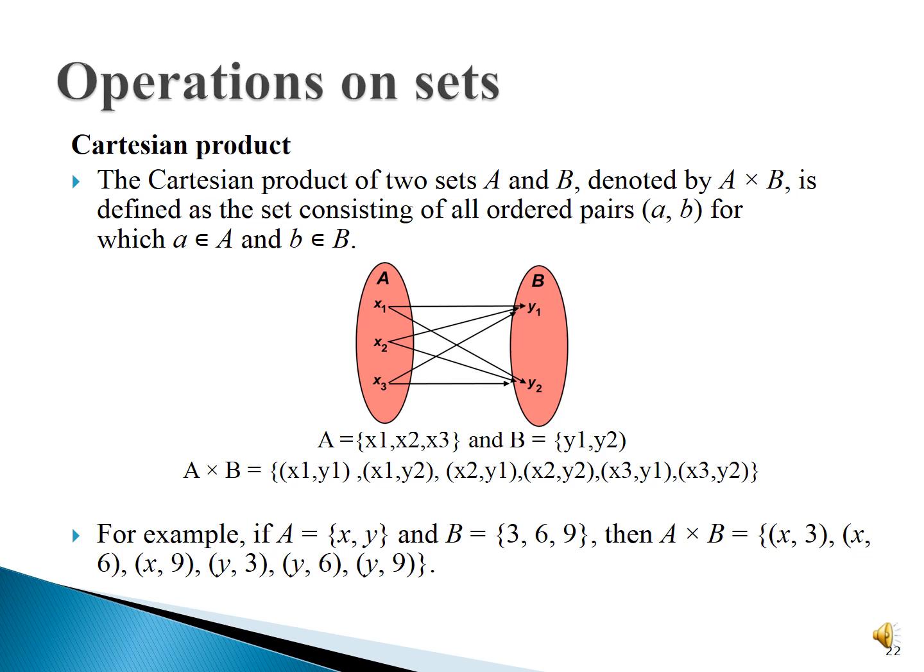The next will be x, 6. Then x, 9. Then again the other element y will be paired with each element of set B. So y, 3. Then y, 6. And the last one, y, 9. So these will be the pairs of the Cartesian product of A with B.